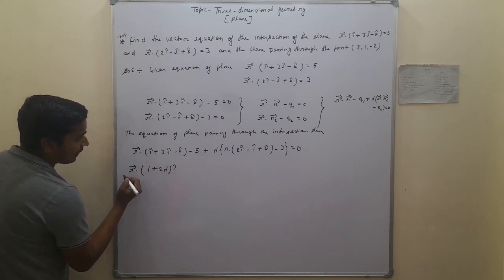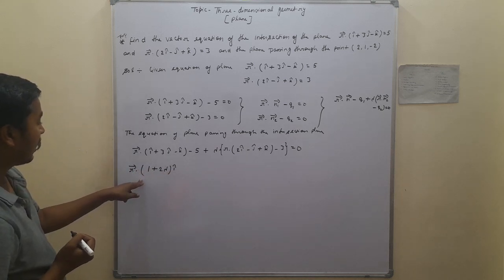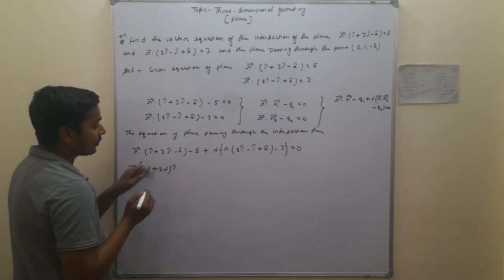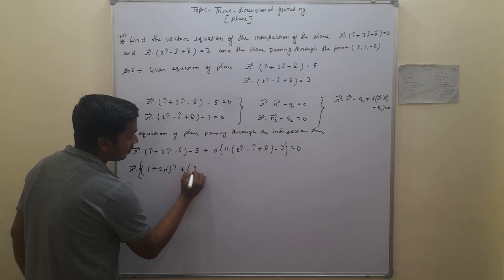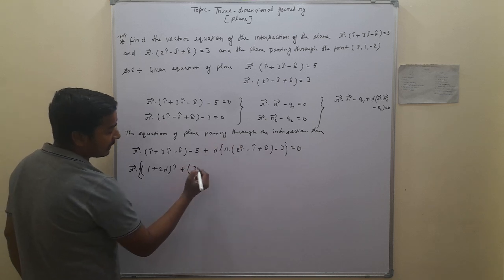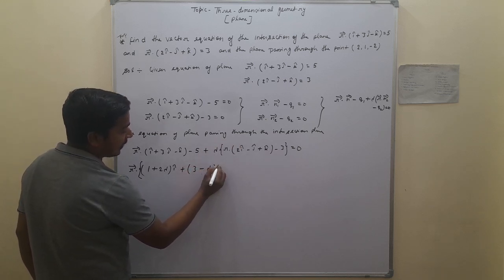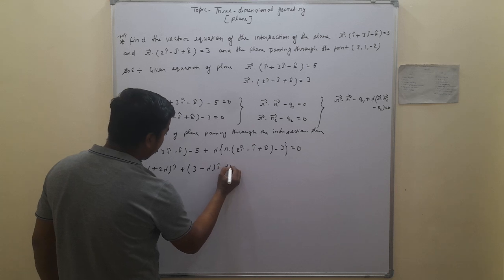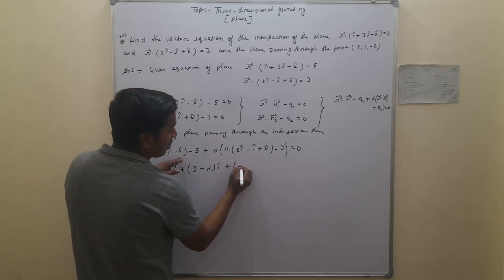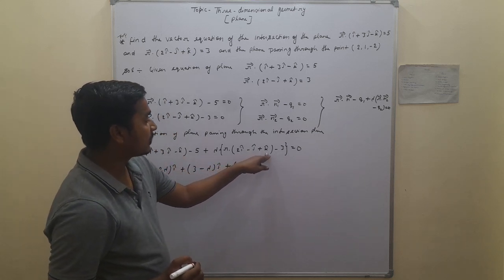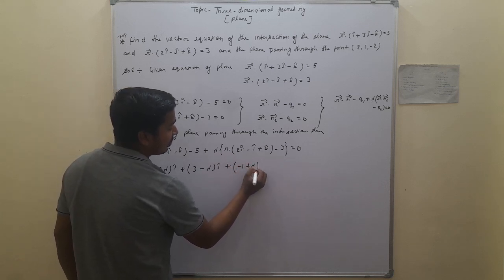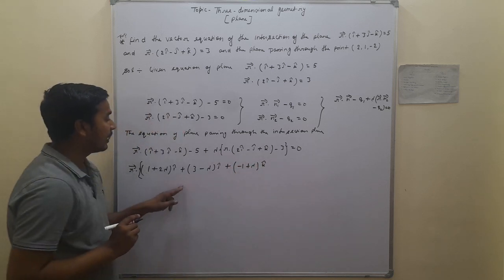For the coefficient of j, it is 3 and minus 1 multiplied by lambda, giving minus lambda, j cap. And for k cap, the coefficient of k is minus 1 and here 1 multiplied by lambda gives plus lambda, k cap.